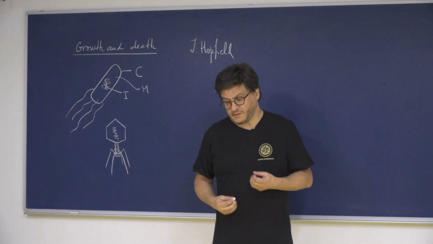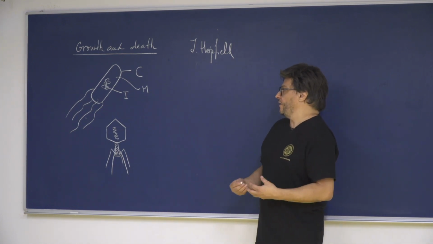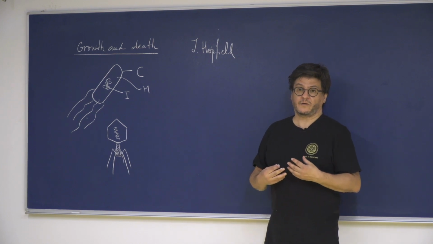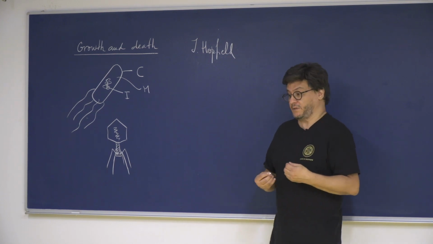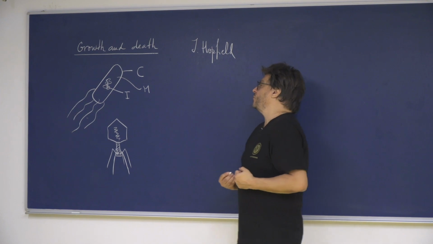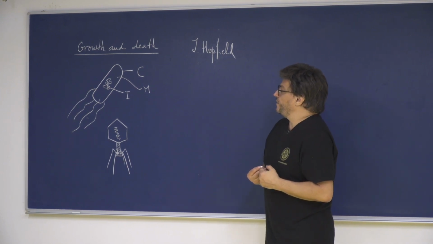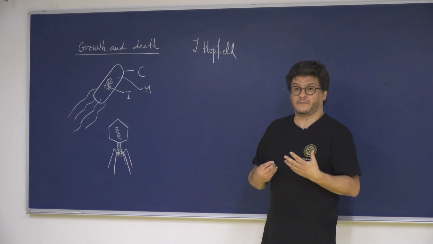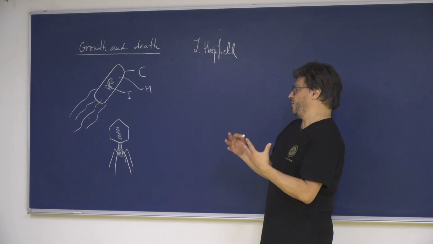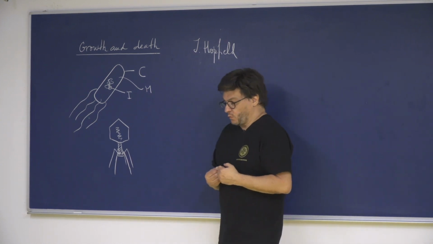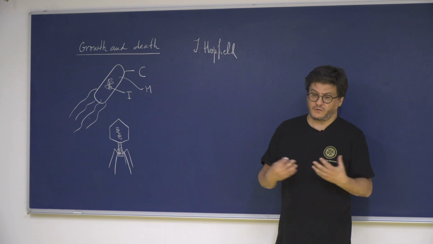Biological systems and cells in particular have a very clear distinction from the inanimate matter, which is they can replicate, they can self-reproduce. So we want to see how we can model that at a given level, which is the population level. What things are not going to be introduced here?